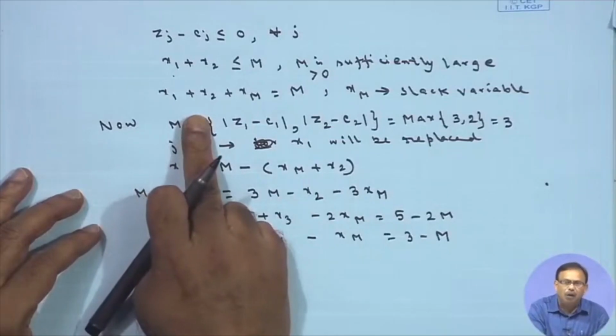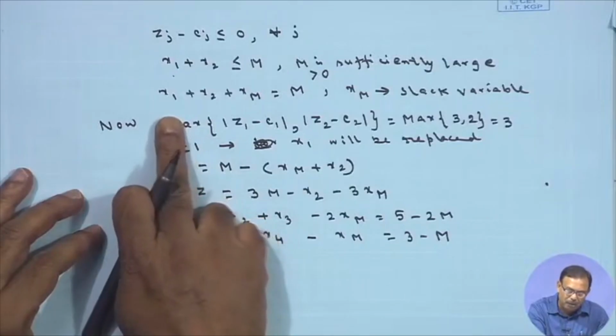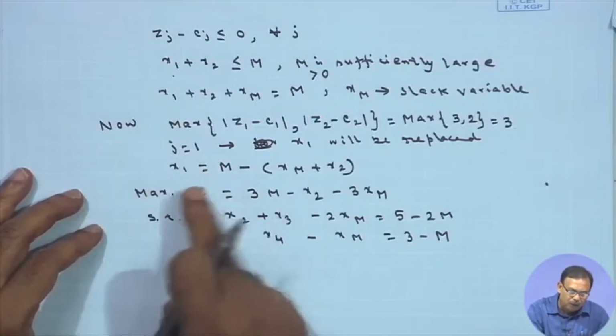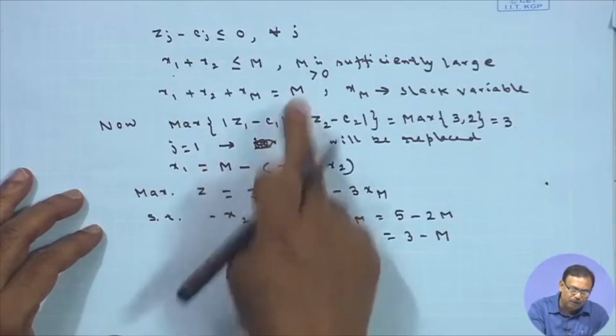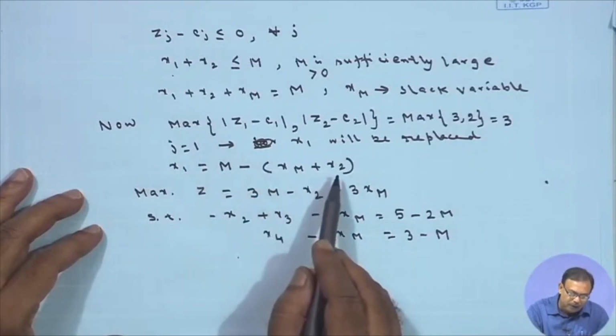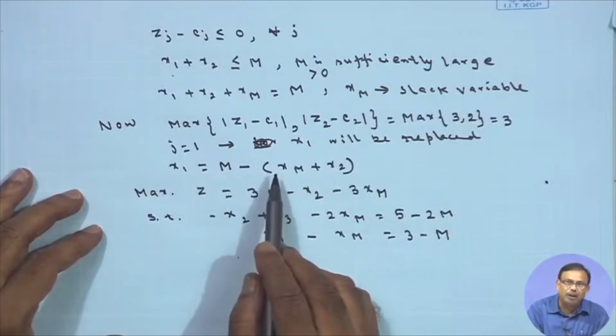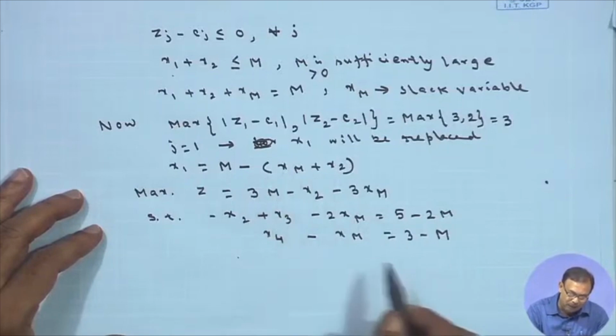Please note that in the new constraint the variable x 1 will not be replaced, because ultimately you got it from here only. So, this is nothing but x 1 plus x 2 plus x m; that equation basically came from here itself.